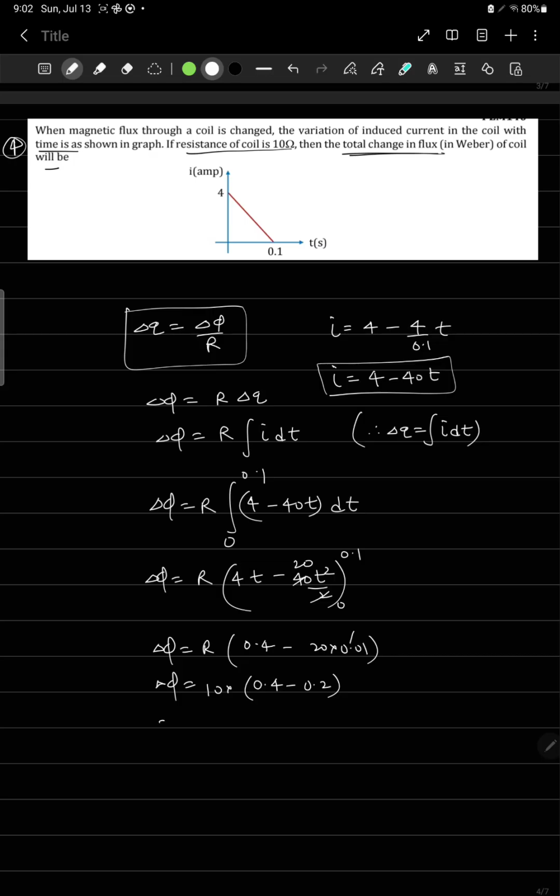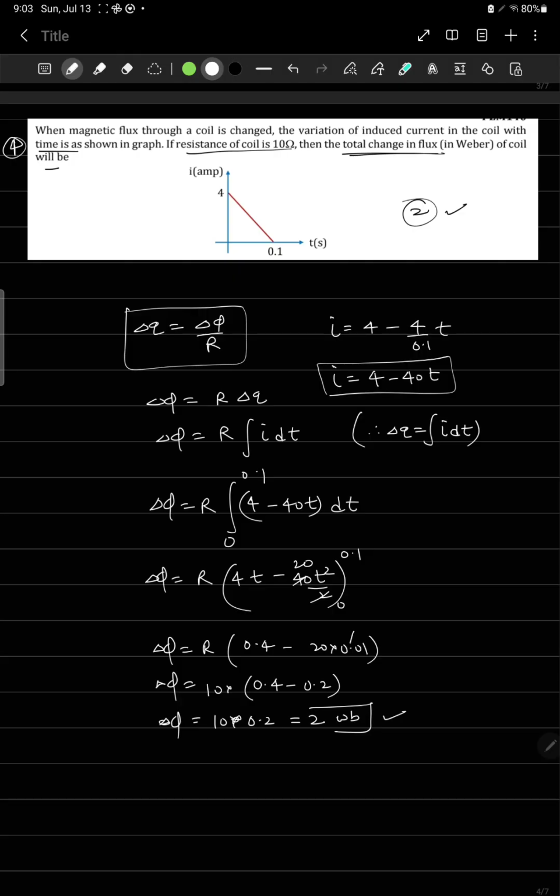So delta phi is equal to 10 into 0.2, which is equal to 2 Weber. And that is the answer. So it's a good question, where we calculate the change in flux if current is a variable. So the answer of this question is 2. So it's an integer question.